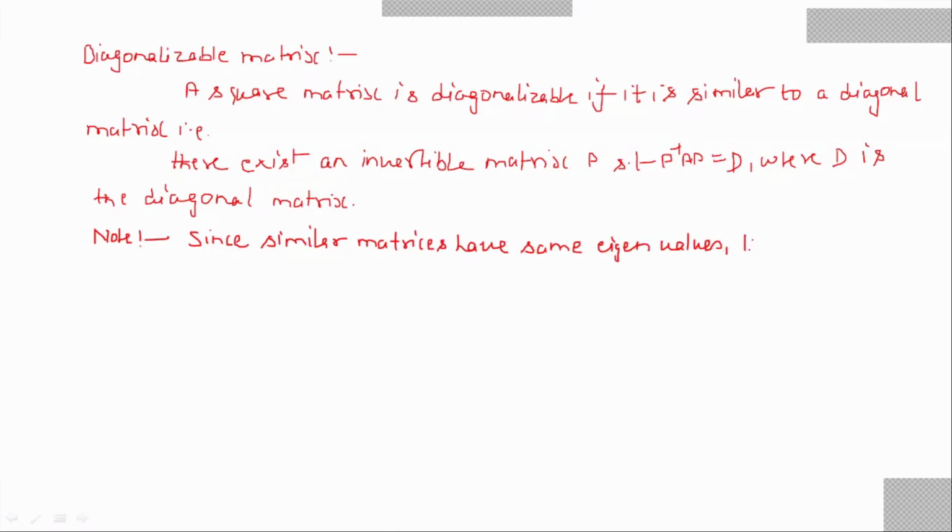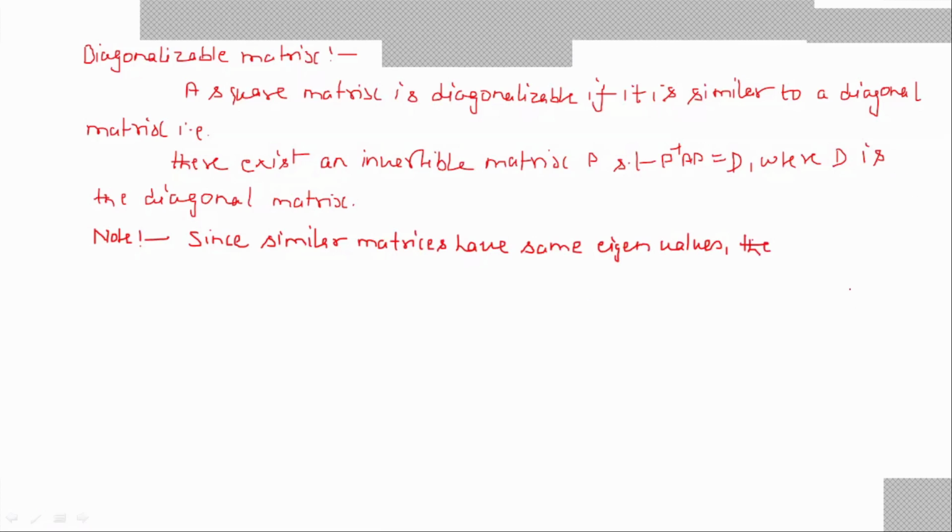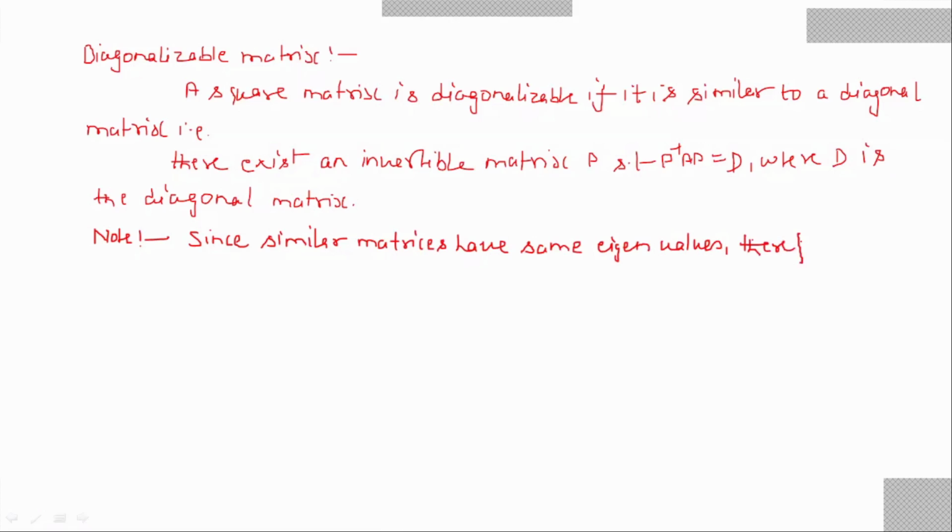Therefore, the diagonal entries of D are the eigenvalues of the A matrix.